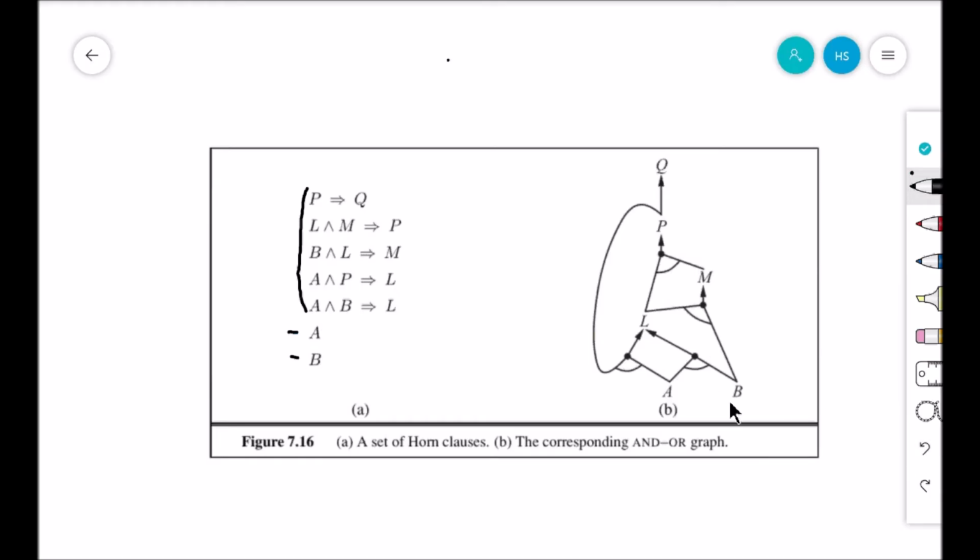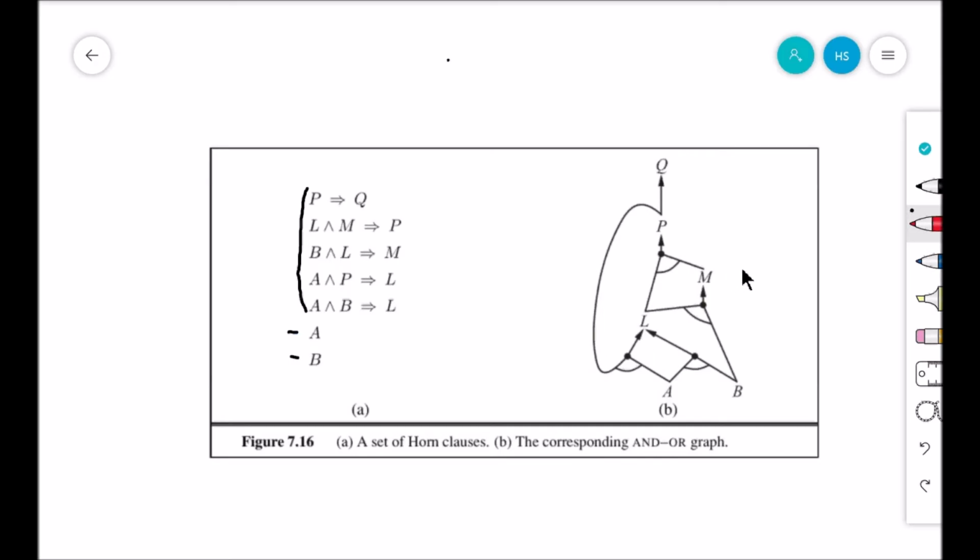Now, if there's no arc, what you have is a disjunction, so you can prove any of the links. I'll show you. Let me use a different colored pen here so it's easier for you to see.